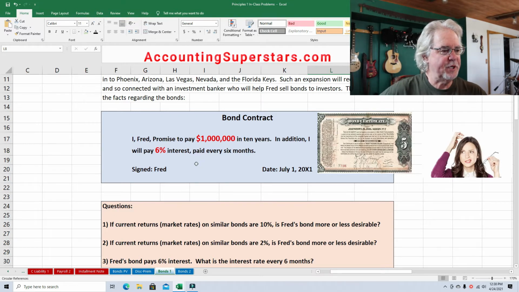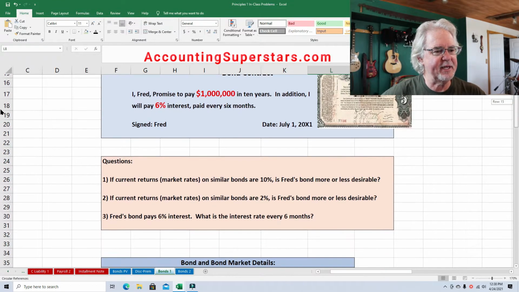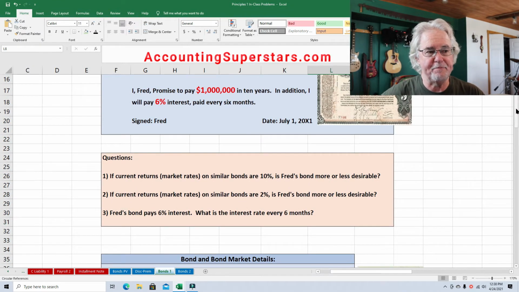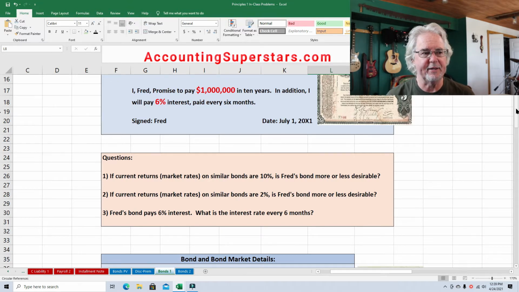All right. So going on here, another thing is that the market rates have a big influence on what Fred's bonds will sell for. You see, Fred's bonds will probably go up for auction. And so people will be bidding on the bonds. So what the current market rates are is really important. Now, Fred is promising to pay 6% interest.